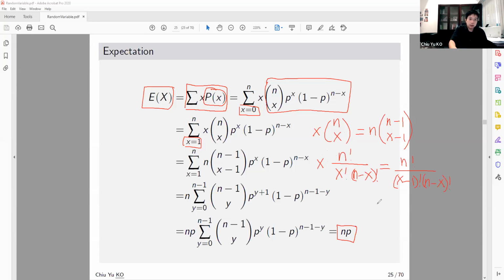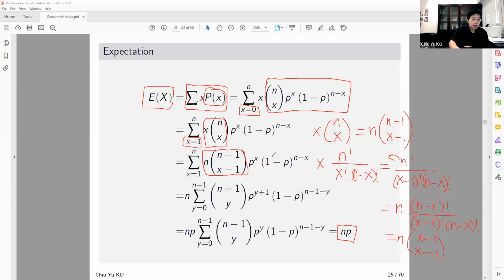Then you can take n out, becoming n times (n minus 1) factorial over (x minus 1) factorial times (n minus x) factorial. The latter is (n minus 1)C(x minus 1). So that's how you get from here to here.